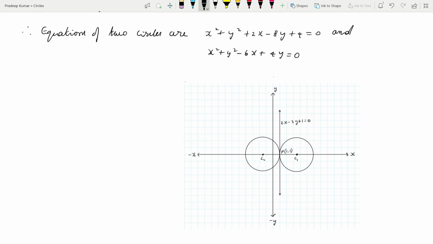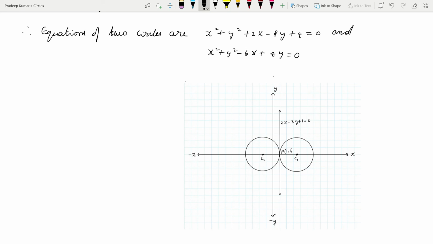If you see this figure, this is the first circle and this is the second circle, and they asked us to find the equation of the first circle and the second circle, whereas they have given this particular line and its equation, where both of the circles were touching this line at the coordinate 1 comma 1. So by using this, we found the two points, that is the center 1 and center 2 of the circles.